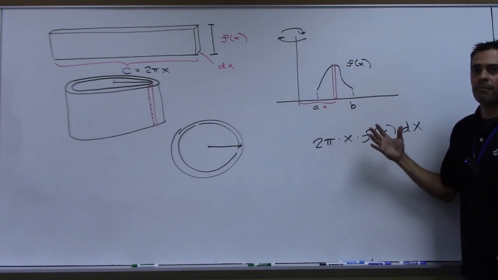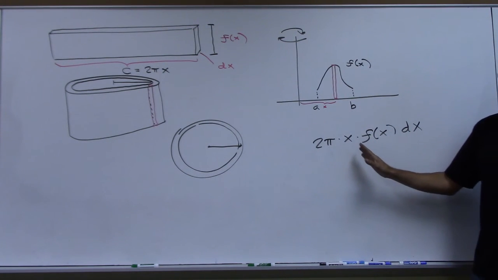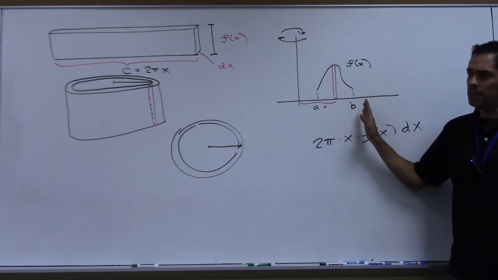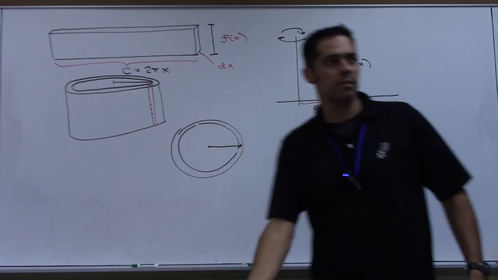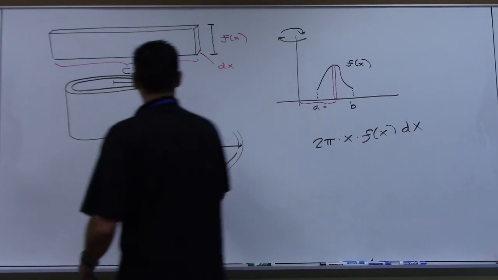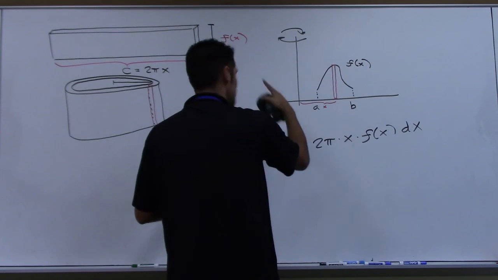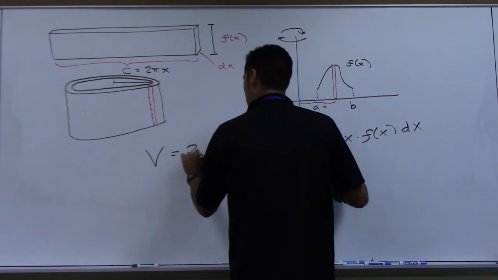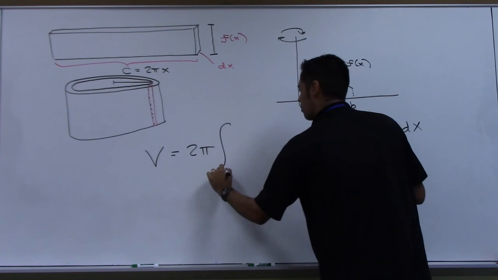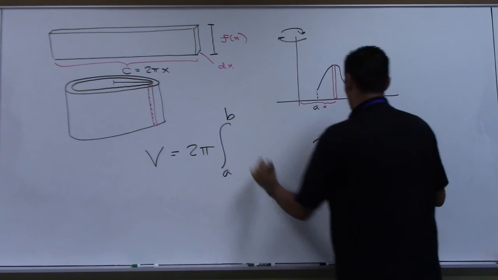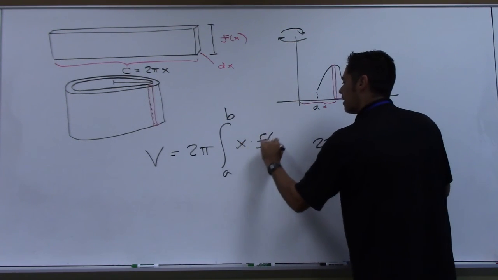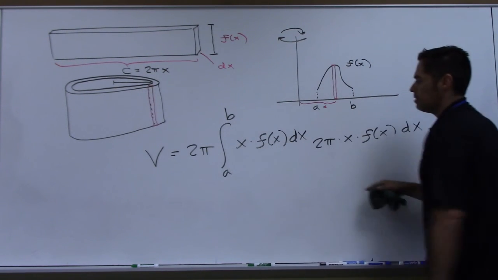Add them all up. And I want to let x vary between where and where? A and b. And this is the formula. The volume of this wrapped around the y-axis will be 2 pi, because it's a constant, integral a to b of x times f of x dx.